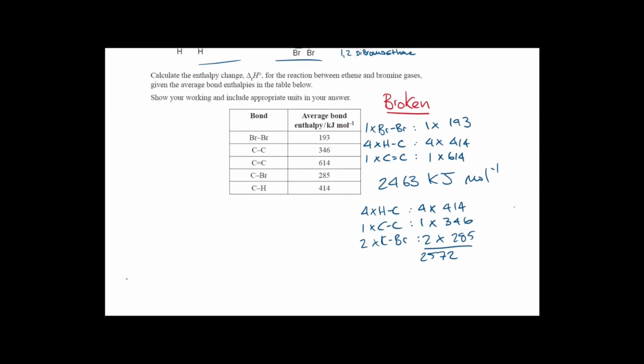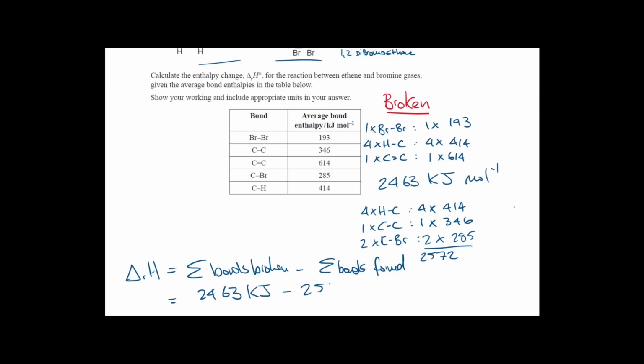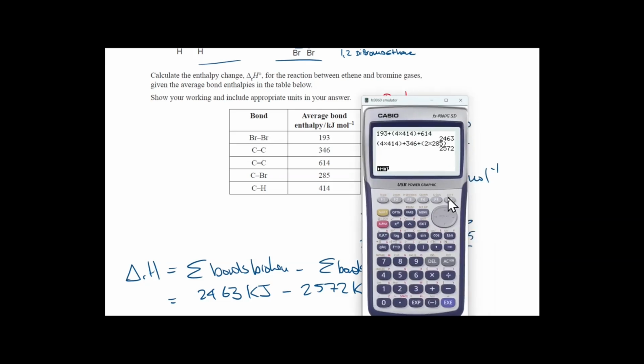Well, remember, it's going to be the sum of bonds broken minus the sum of bonds formed. So bonds broken is 2463 kilojoules minus 2,572 kilojoules, which nets as a negative number.